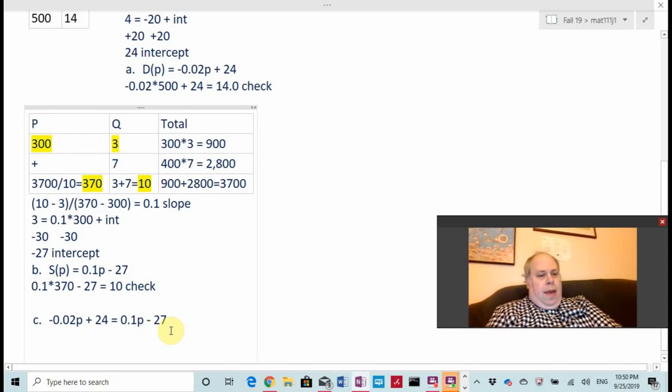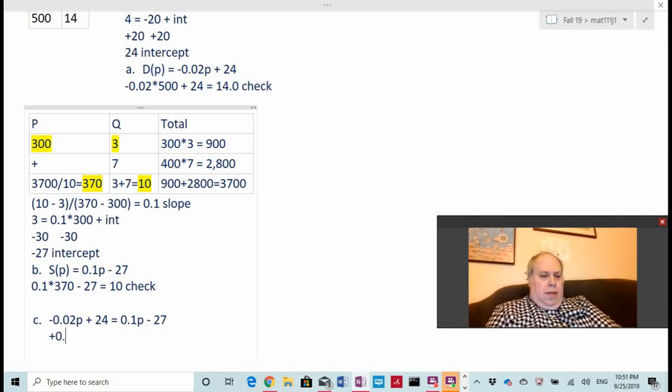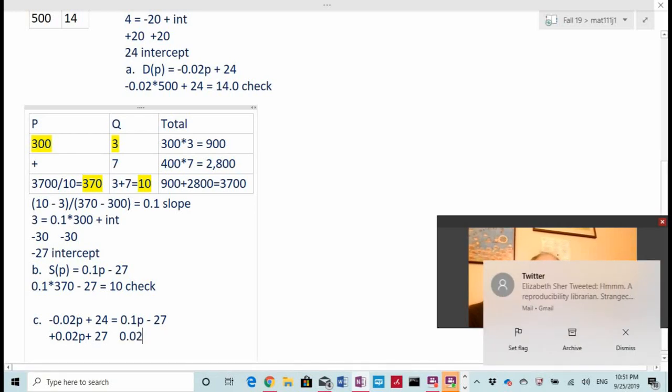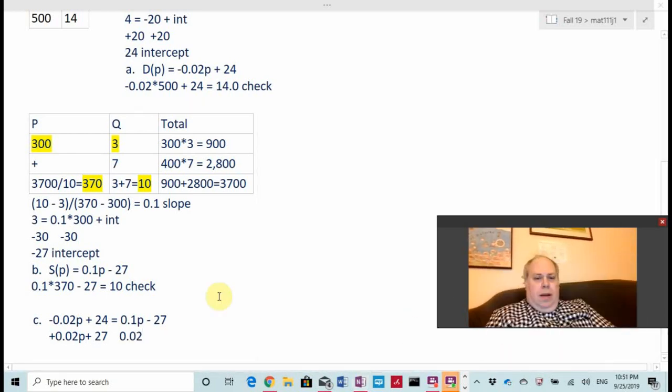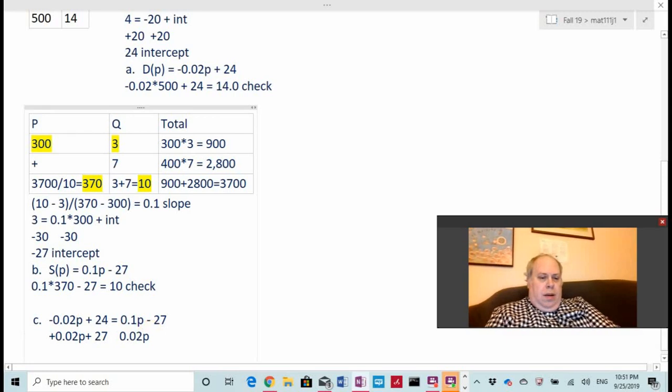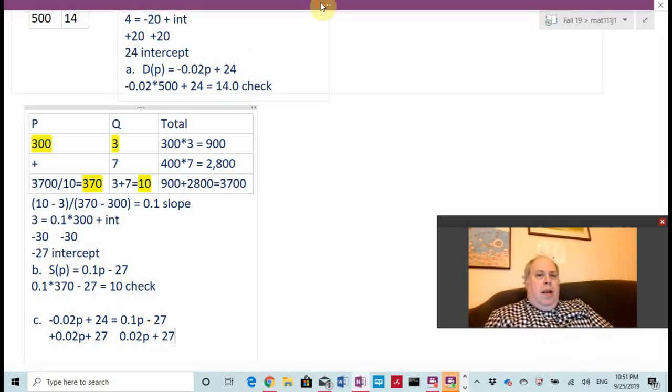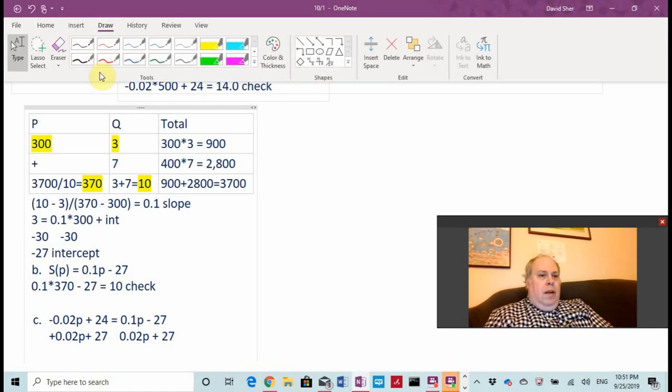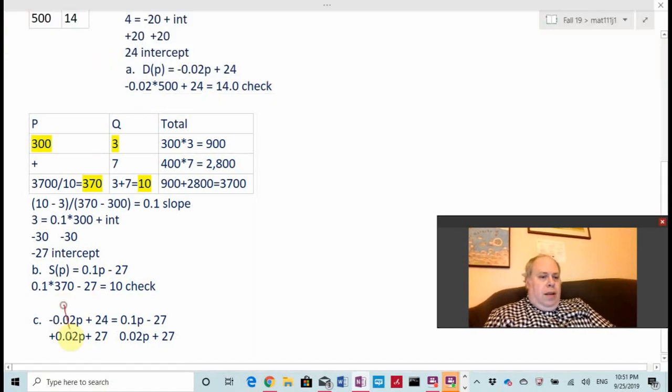Okay. And so we solve this by adding 0.02P plus 27 to both sides. Now, with a little cleverness, we can cancel these two.